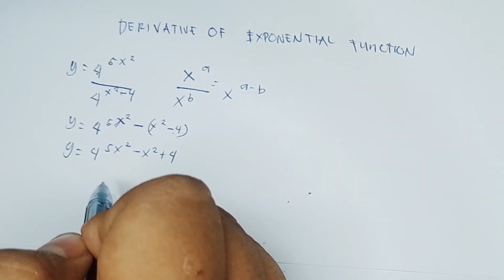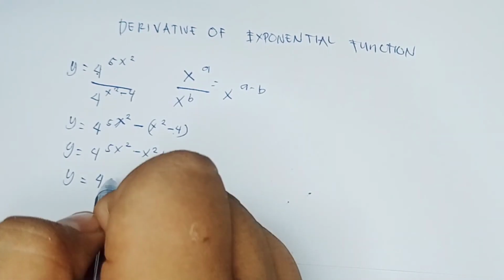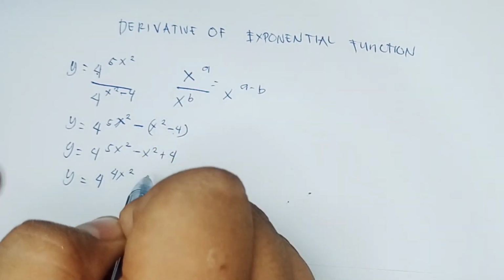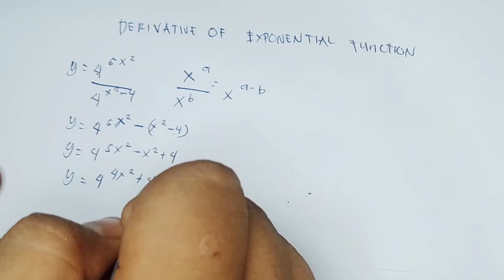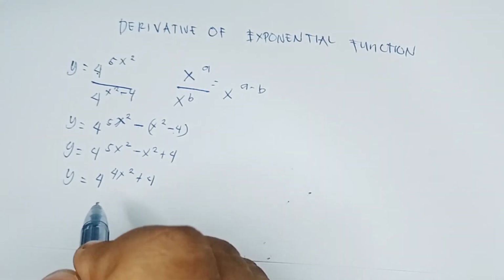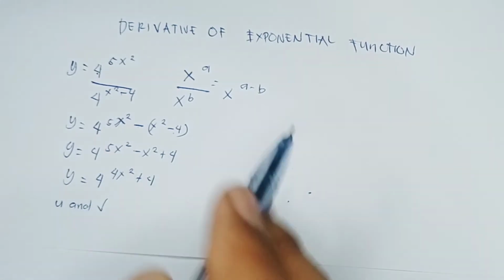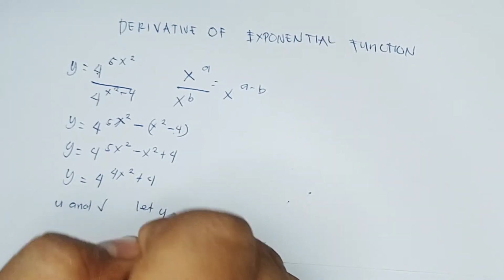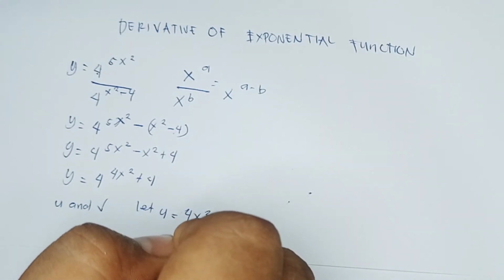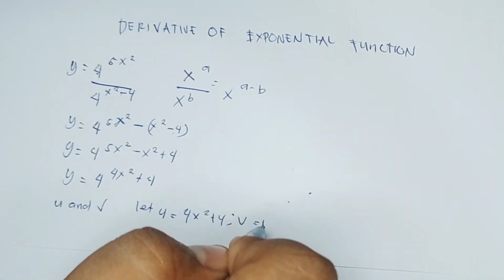Now, what we're going to do is simplify it. Y is equal to 4 raised to 5 minus 1 times x squared plus 4, that is 4x squared plus 4. Now, since we have only one term left, what we're going to use is the formula of u and v. Let u be 4x squared plus 4 and v is the base.